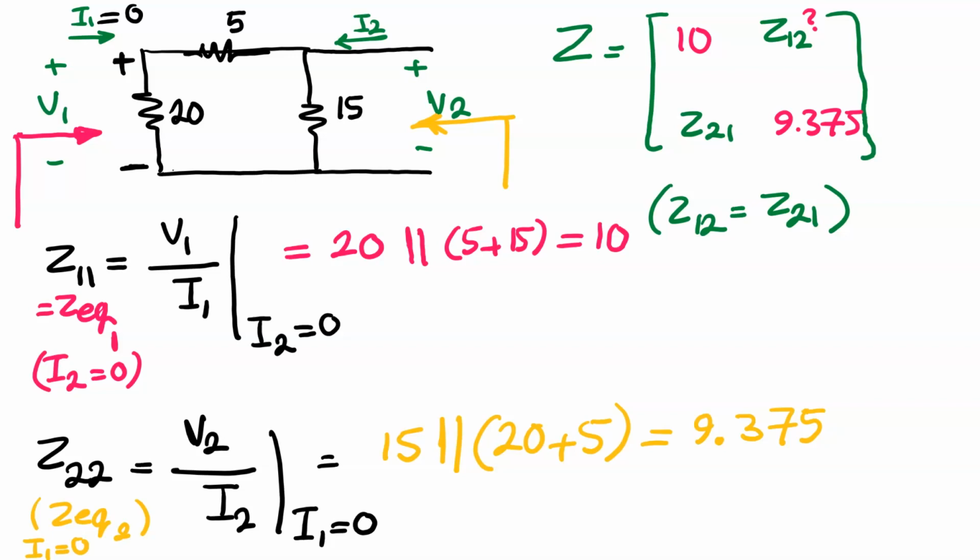What I can do here is divide I2 between 15 and 25 first. And then when I have the current which is going in this direction, I can multiply that by 20 to get the voltage drop across the 20 ohm resistor. So the first step is that I'm going to divide I2 among 15 and 25.